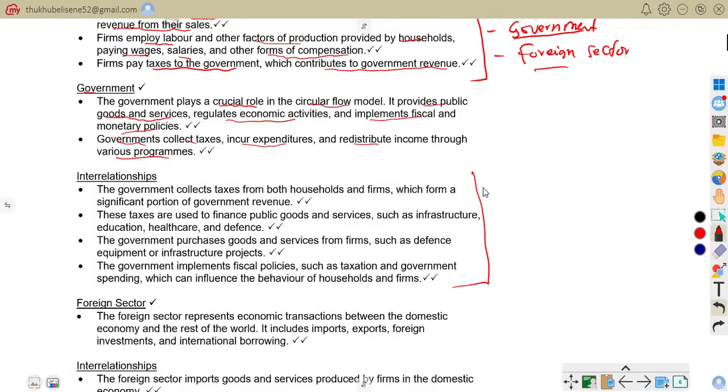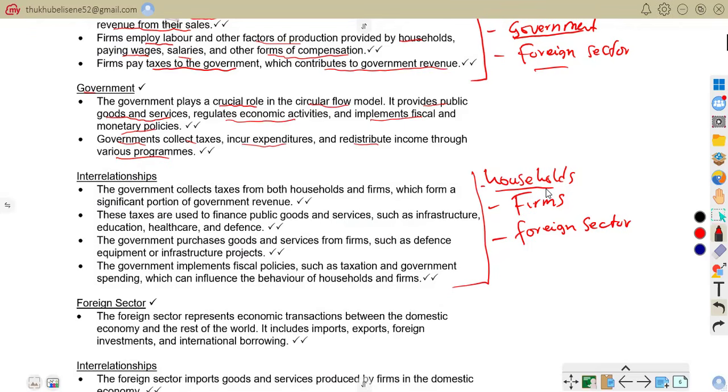interrelates. So we are going to talk about the households, firms, and the foreign sector. So to households, the government is going to collect tax and then provide transfers and public goods.